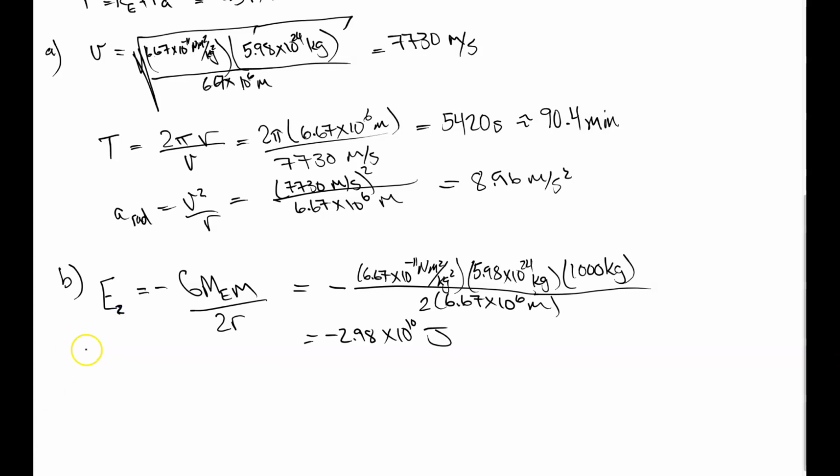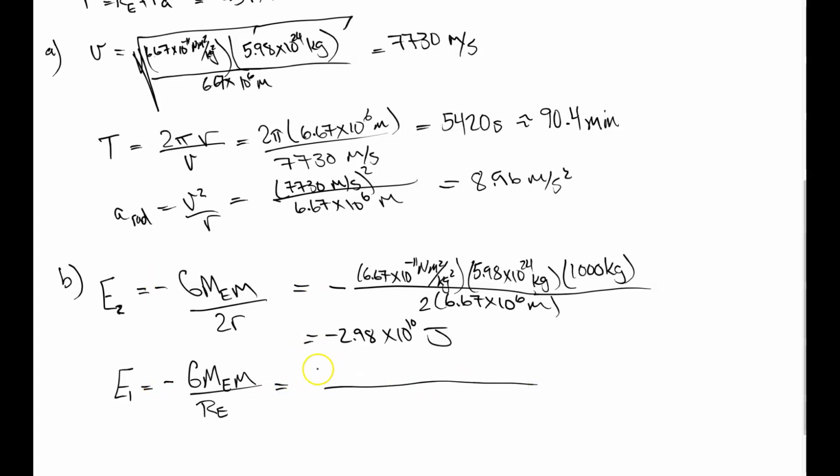The satellite's kinetic energy is 0 on the launch pad, so at the launch there's only negative potential energy, which is G, mass of Earth, mass of object over the radius of the Earth.